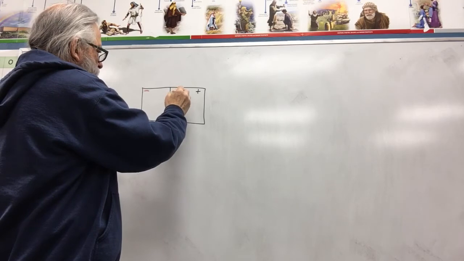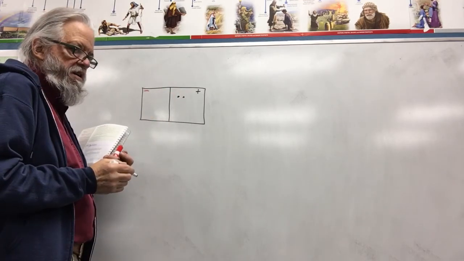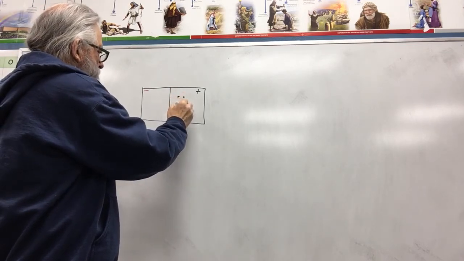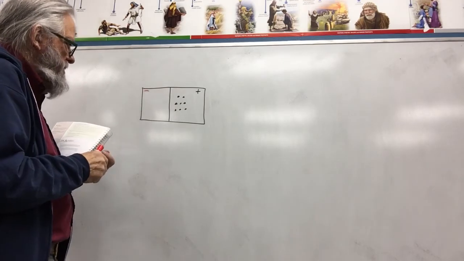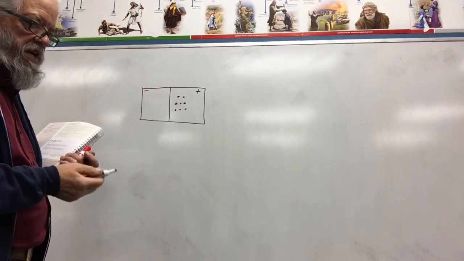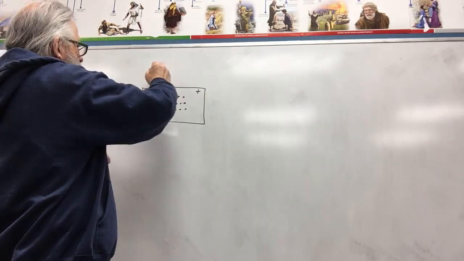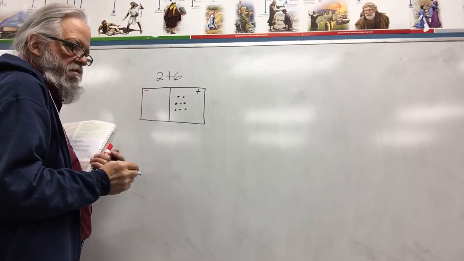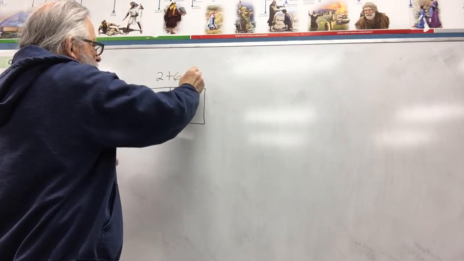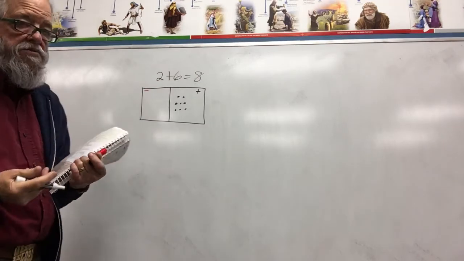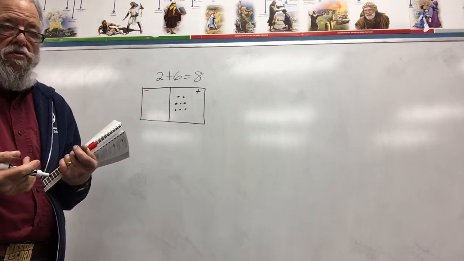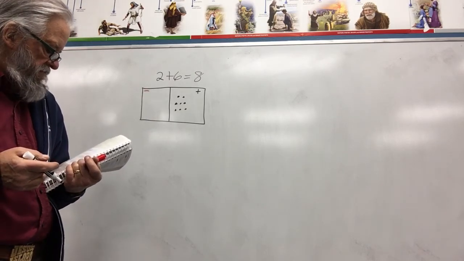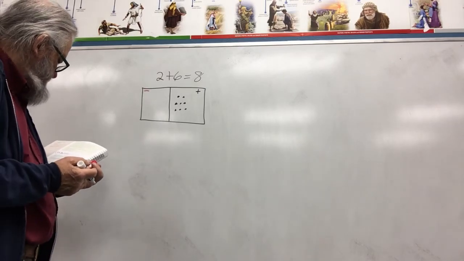So we'll put 2 black dots there, and then we put 6 more black dots, and notice that we don't have any red dots. So that would be 2 plus 6. And then if I count altogether, I have 8. So that's not too tough. You've known that 2 plus 6 is 8 for a long time.